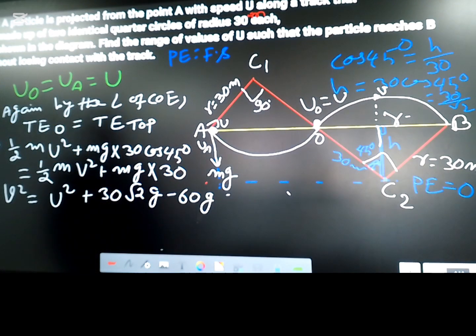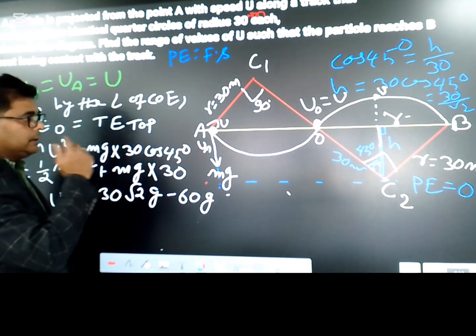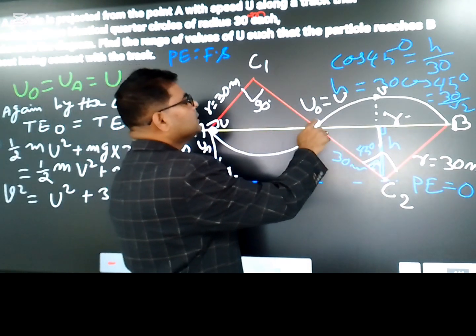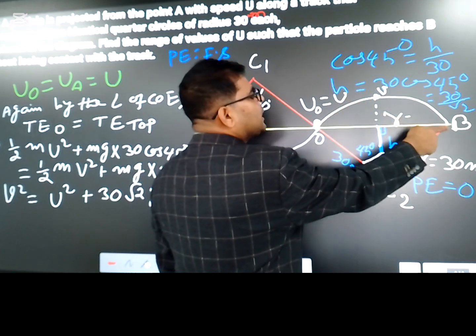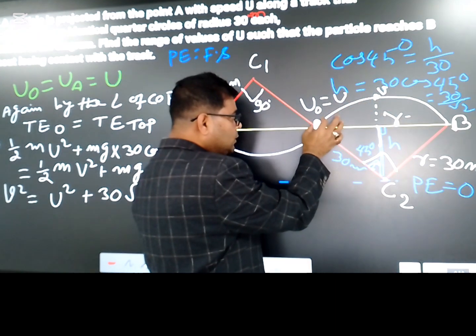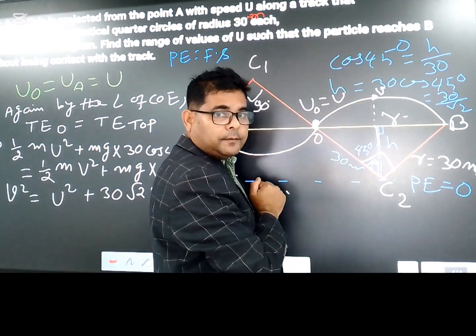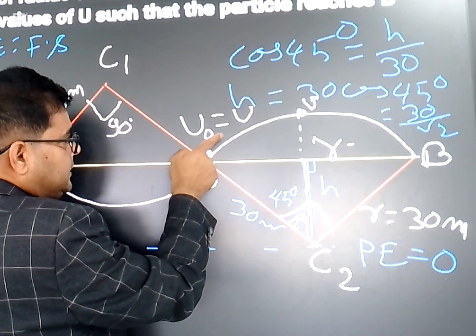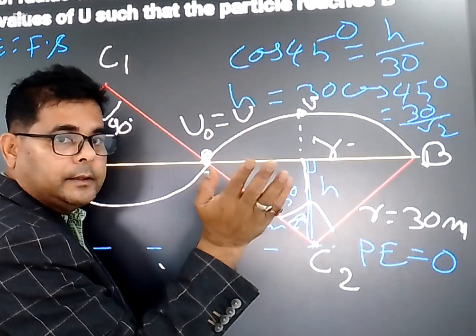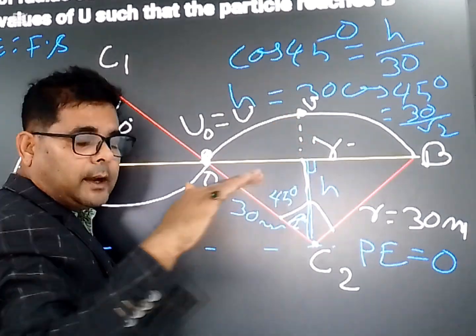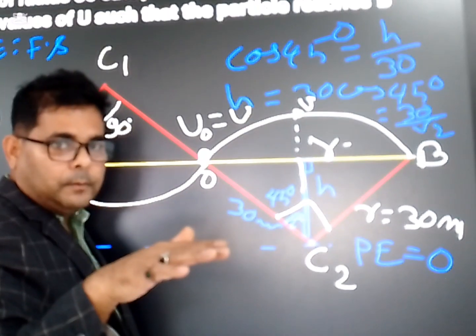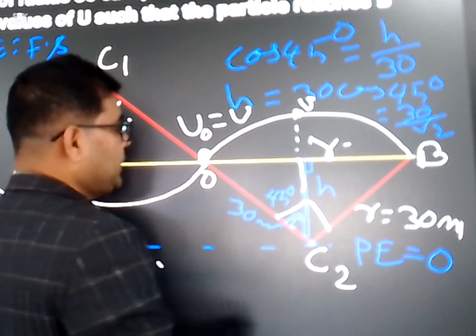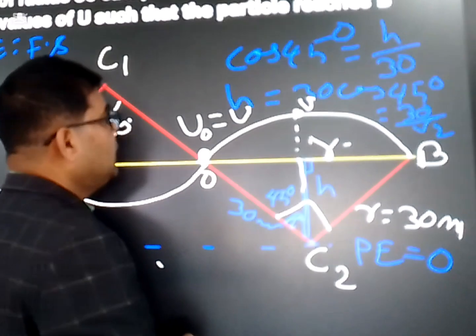Now, we are concerned that this object should complete this motion up to B without losing contact with this surface. As the object is rising up and up, the kinetic energy is decreasing, and at the highest point the kinetic energy will be minimum and the potential energy maximum.